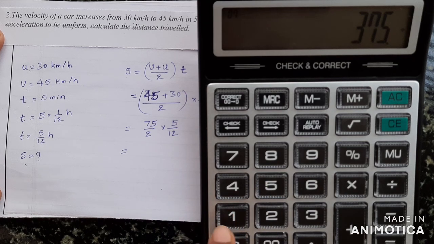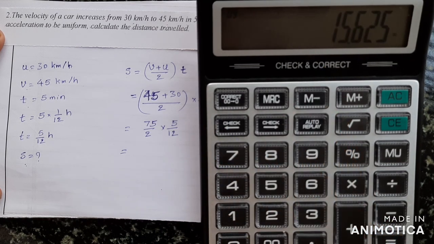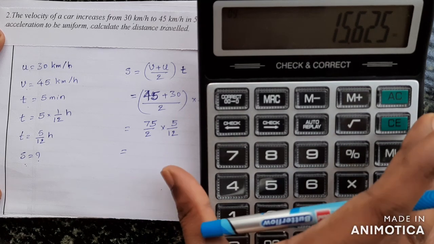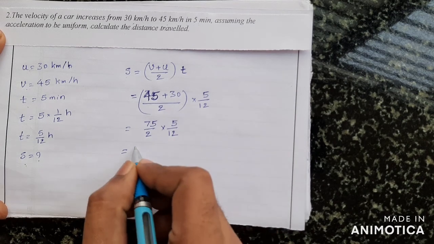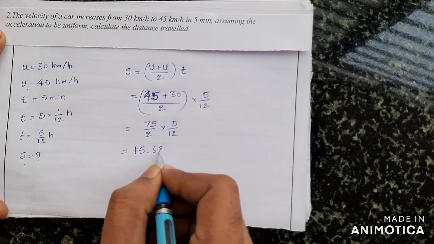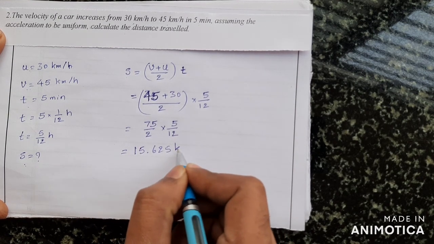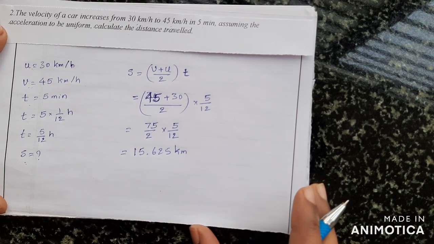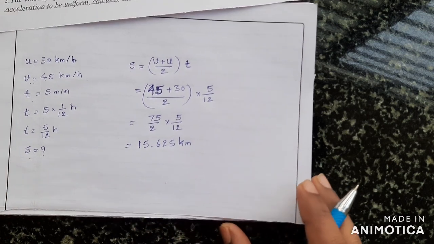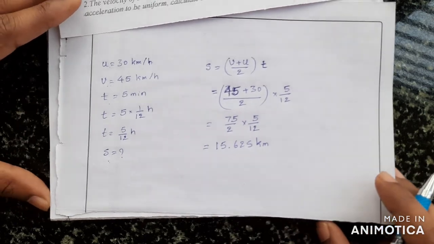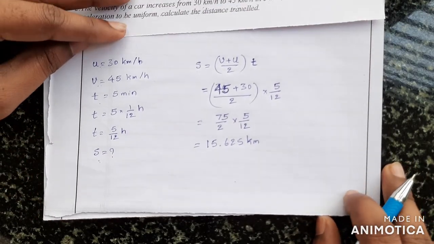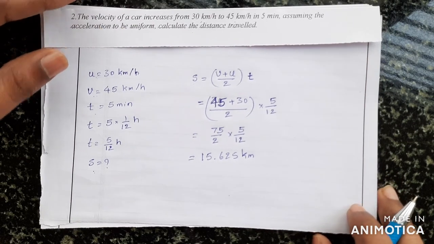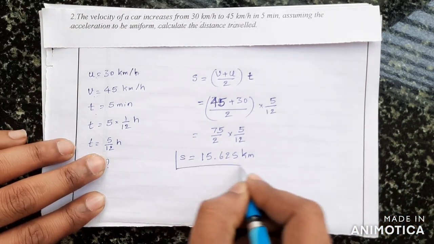I will directly put 24. That is equal to 15.625 kilometer, because kilometer is the unit. That's it. Very easy. So we have obtained the distance traveled using a simple formula.